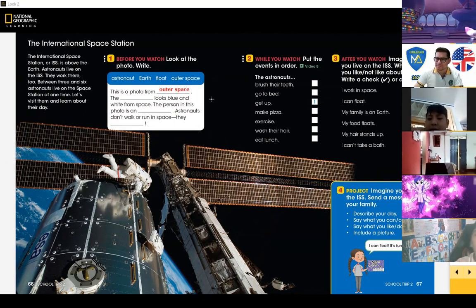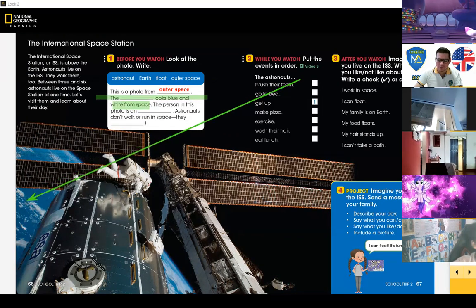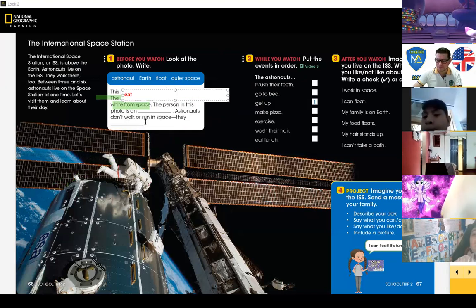You look at this part here, it says that it looks blue and white from space. What is blue and white? That is Earth, okay? This is the Earth, la Tierra, right? The Earth looks blue and white from outer space.